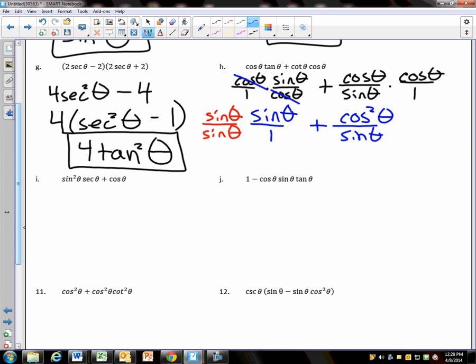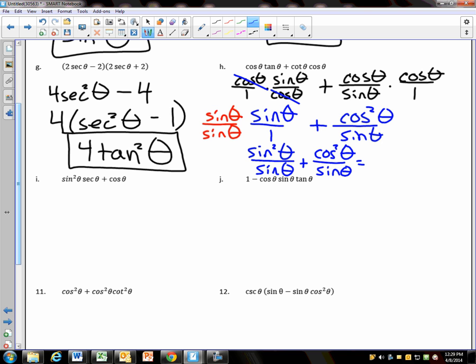What does this give me? Sine squared over sine. Cosine squared over sine.